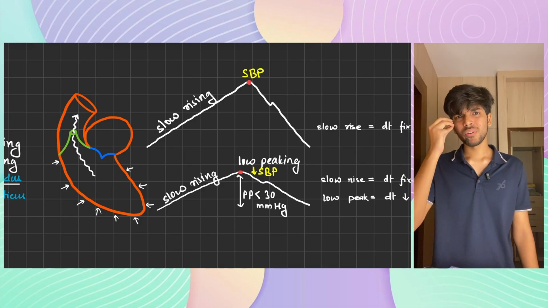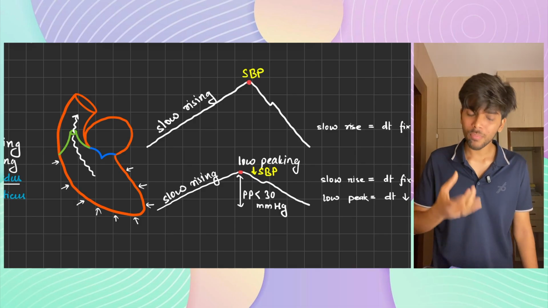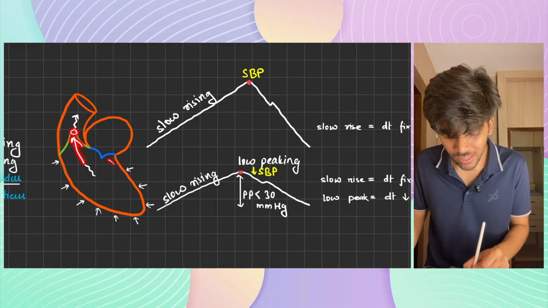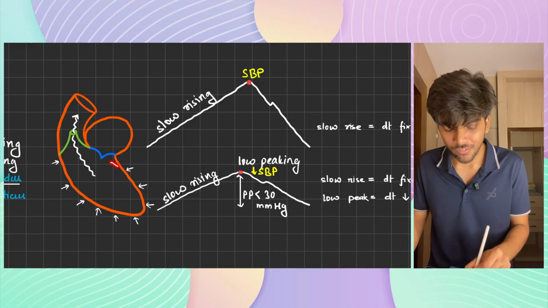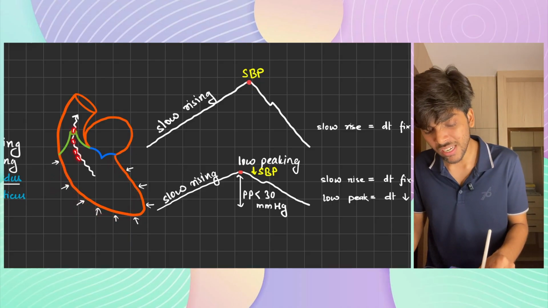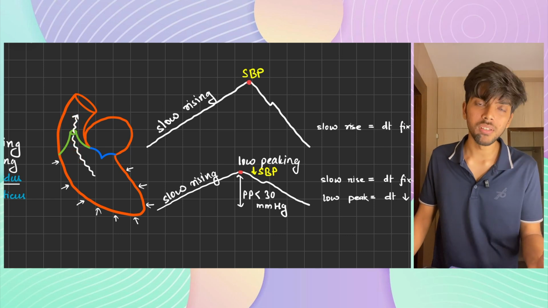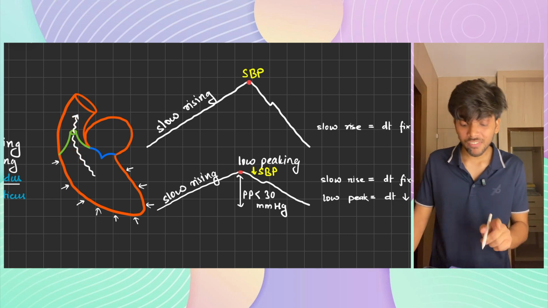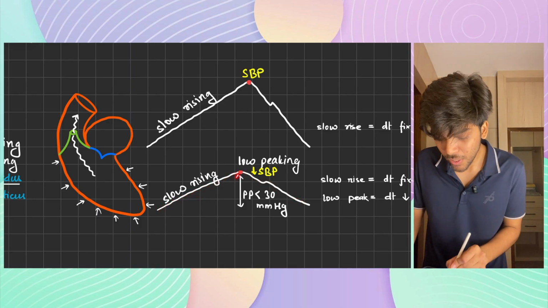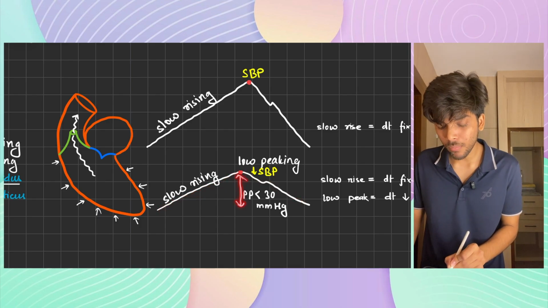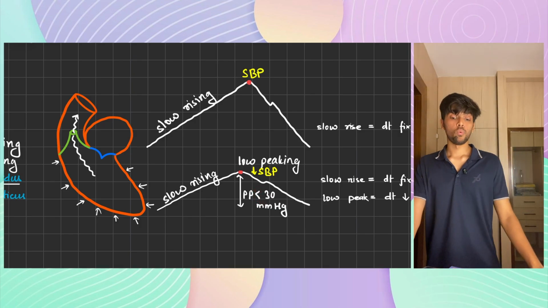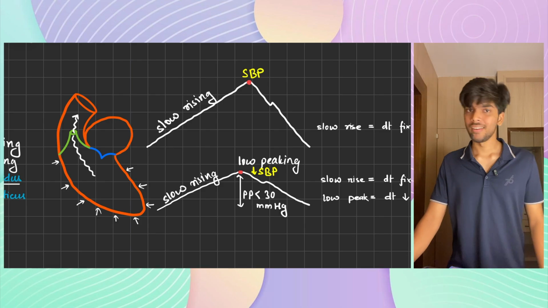See, you can either use your common sense or the graph. Common sense is that since there is obstruction in the outflow of the left ventricle, when the left ventricle contracts, only small volume of blood gets squeezed out, giving us a low volume pulse. And the concept of graph is that since you get a low peaking pulse, the difference between systolic blood pressure and diastolic blood pressure is low as well, so giving us low volume pulse. Now, why slow rising? Why low peaking? Let's understand.